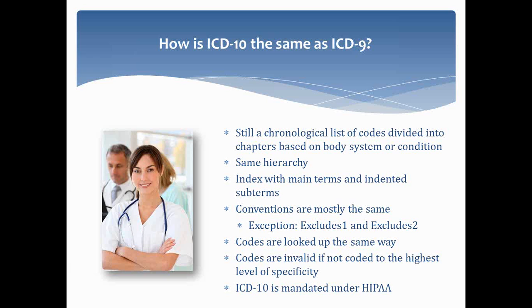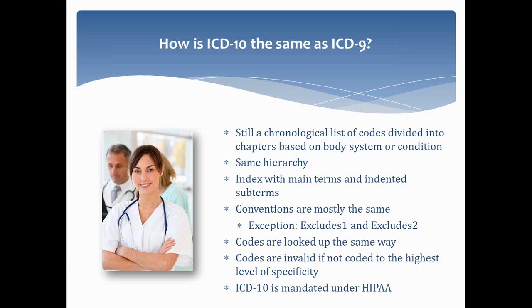So this doesn't apply to all codes in the code set, but it's something to watch out for and to brush up on, and you can find it in the guidelines if you need to brush up on it when you're looking through the code set and you suddenly see these. Now, codes are looked up the same way. You look in the index, you find them, you search through the code set, and they're in chronological order.